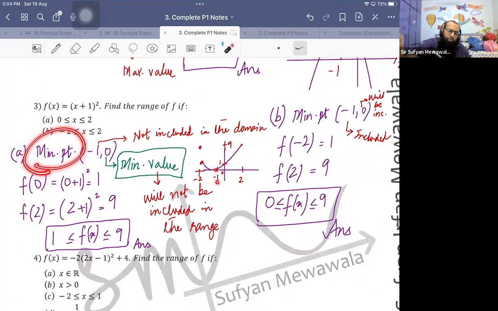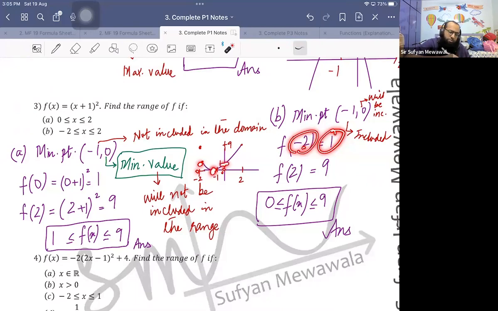It has a turning point (-1, 0). The minimum shape curve looks like this. We studied this in quadratics. We have a turning point. We know the shape of the curve. And then we also know that when we substitute -2, we are going to get 9. (-1, 0) is the minimum point. Then (0, 1) is the y-intercept.